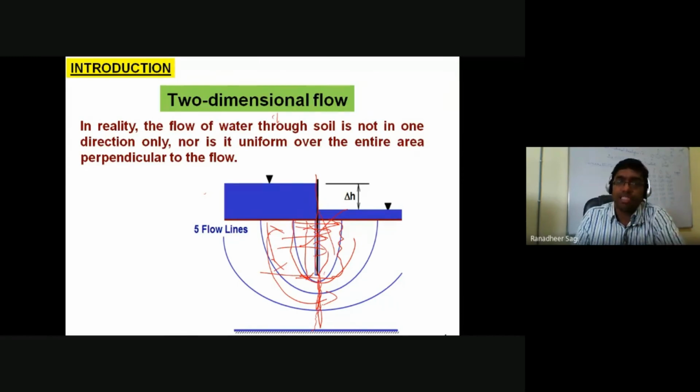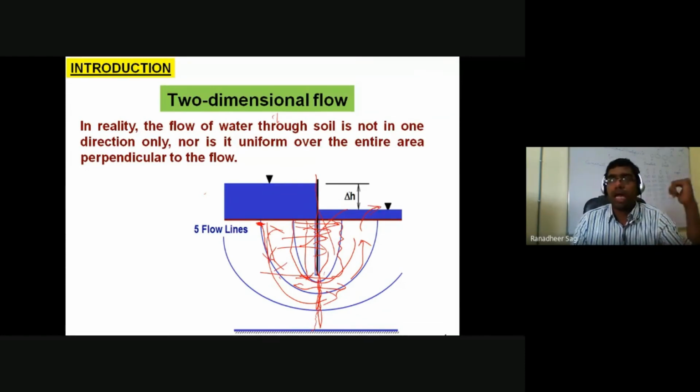Now, why are we referring to a two-dimensional flow here? Because if a water particle has to move from upstream to downstream, how is it traveling? To some extent it is traveling in the vertical direction, to some extent in the horizontal direction, and then subsequently in the vertical direction to get out on the downstream side.